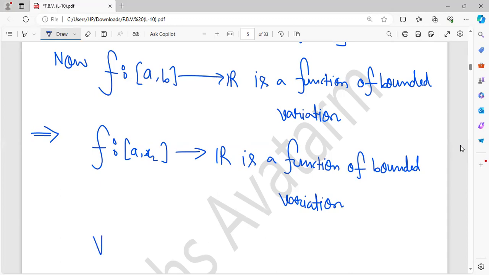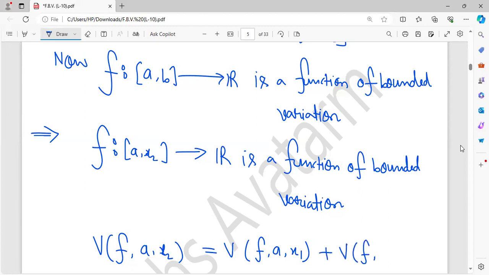So what does it mean? V_f[a, x2] is equal to V_f[a, x1] plus V_f[x1, x2], because x1 lies in between a and x2.